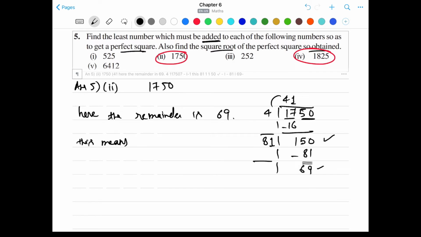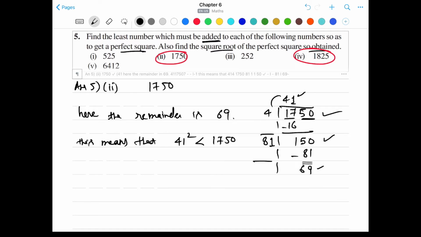This means that the square of 41 is less than 1750. If you find the square of 41, that number will be less than this 1750.